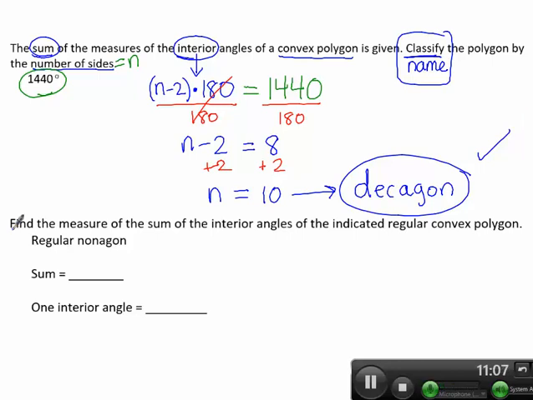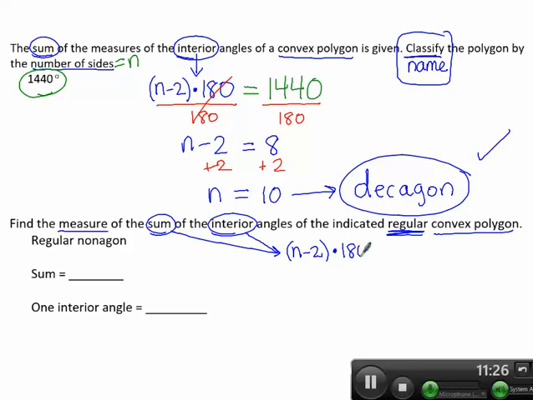Finally, find the measure of the sum of the interior angles of the indicated regular convex polygon. So again, as soon as I see sum and interior, I think n minus 2 times 180 degrees. Now let's see what they gave me. We're working with a regular nonagon.